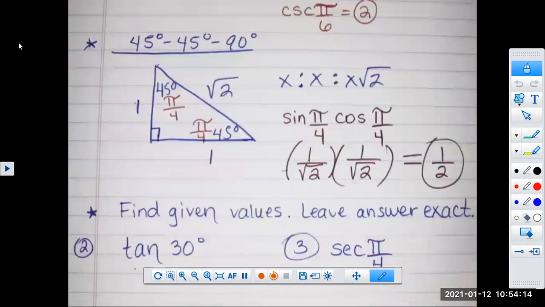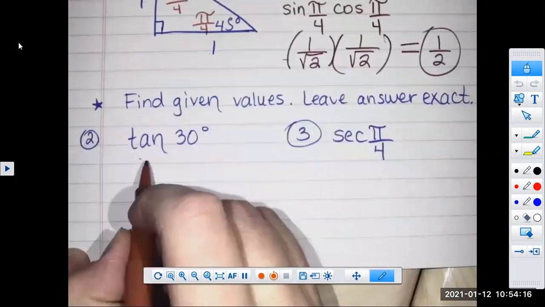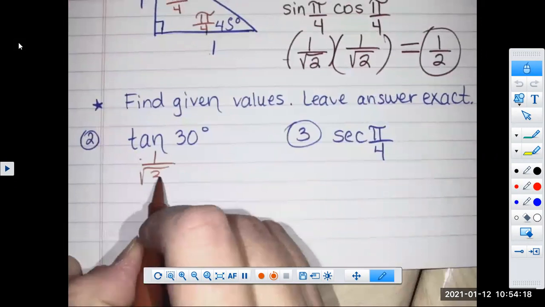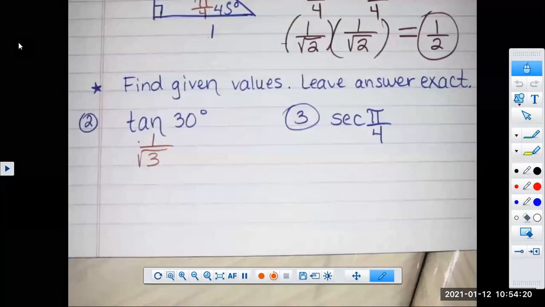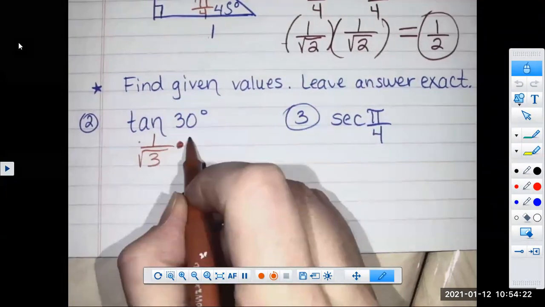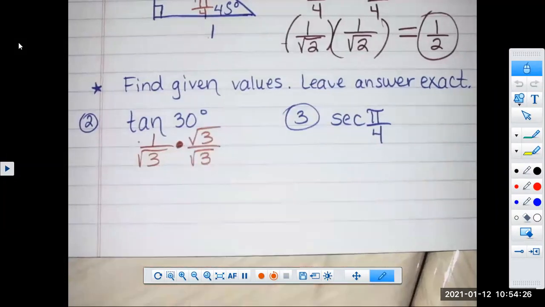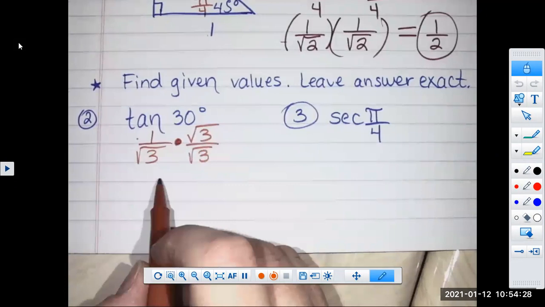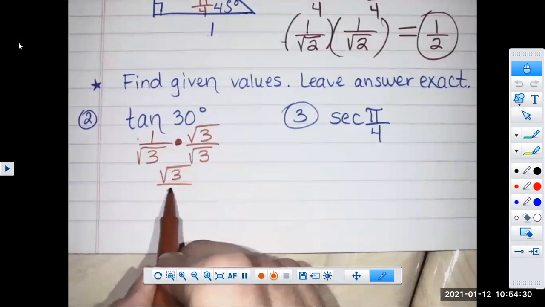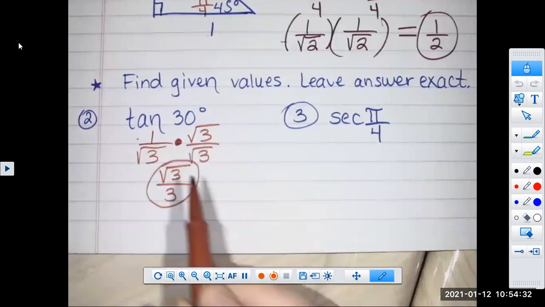Good, it's 1 over square root of 3. But you need to rationalize. So multiply the top and bottom by root 3. That's going to give you root 3 over 3.